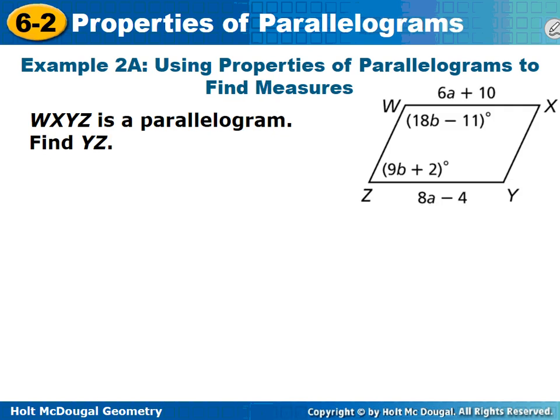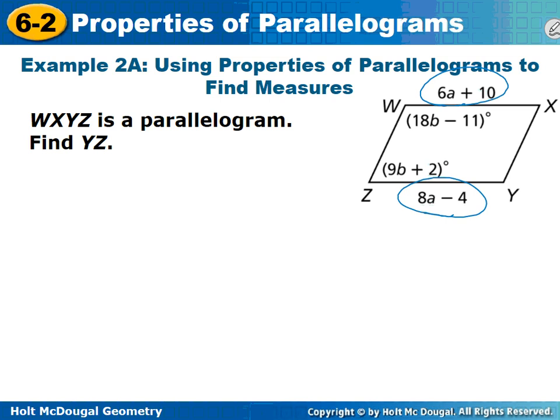Okay, next one. What property did you use to find YZ? Careful, to find YZ, what property did you use? Opposite sides are congruent. So that meant that you should have set this side equal to this side and solved for A and then substituted it back in. What did you get for A? 7.